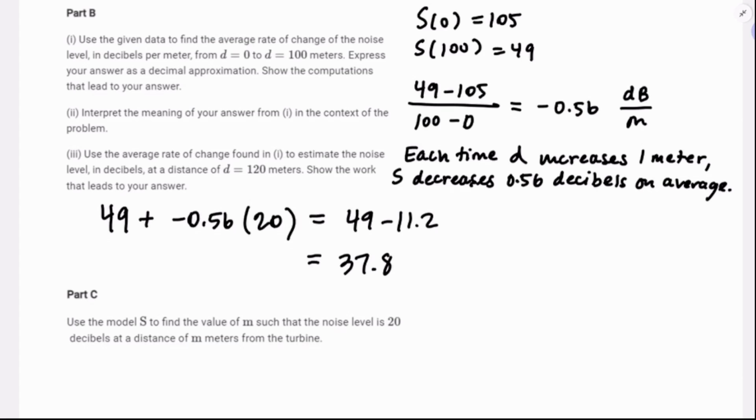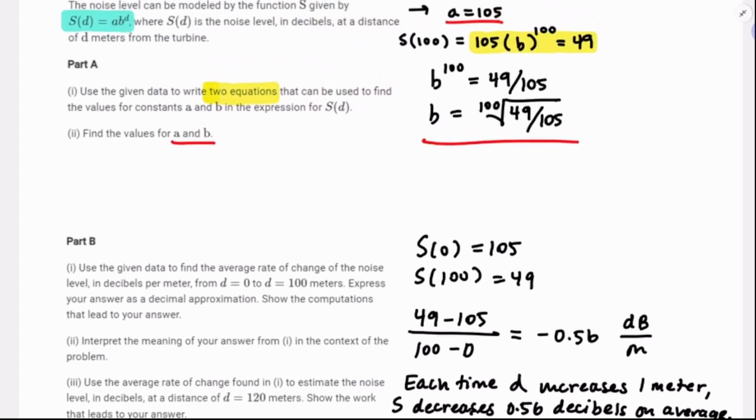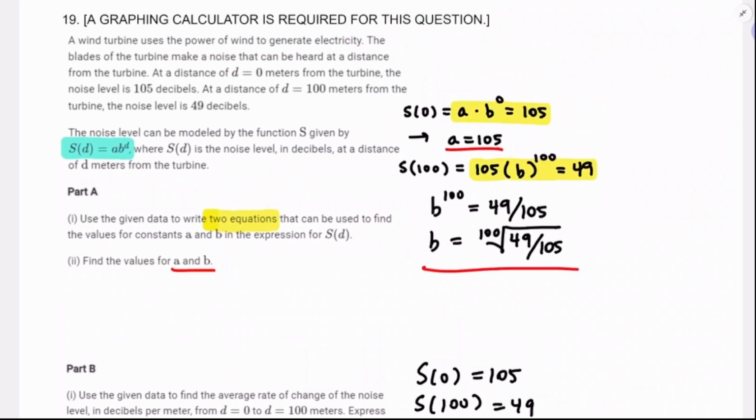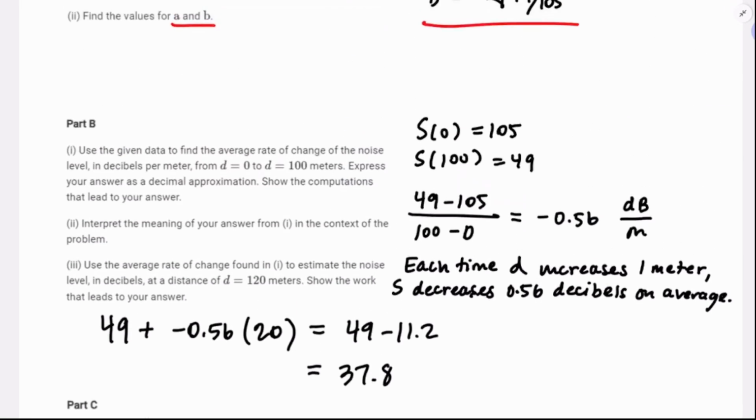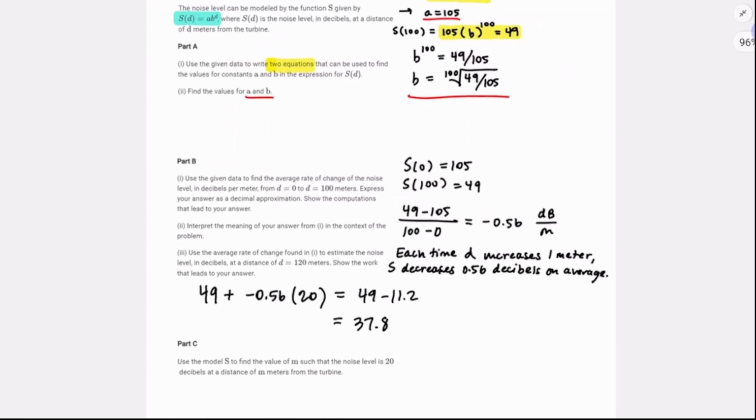Yeah, 48, 49, yeah. Then we're going to use the model S to find the value of m such that the noise level is 20 decibels at a distance of m meters. Okay, I think that was an earlier problem where m was the actual function. All right, so S, we've actually got the formula for it, and we want to find out when the noise level is 20.